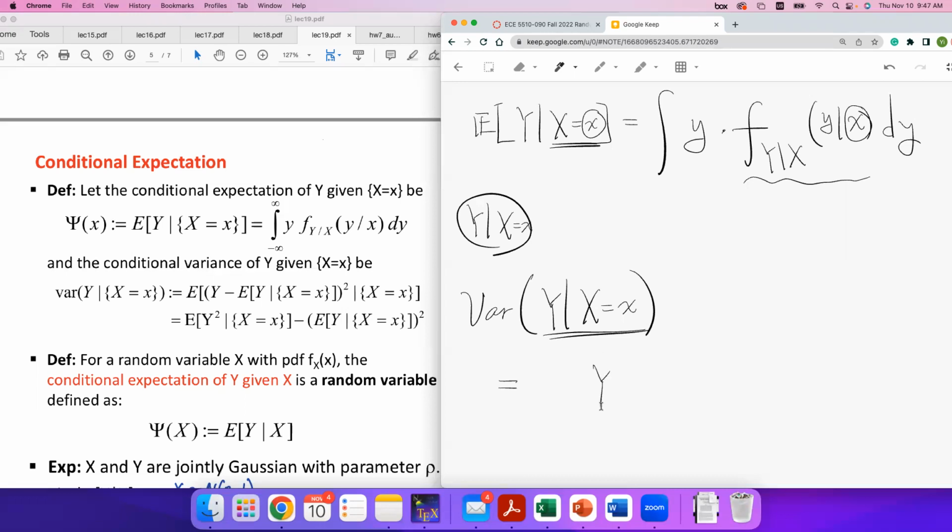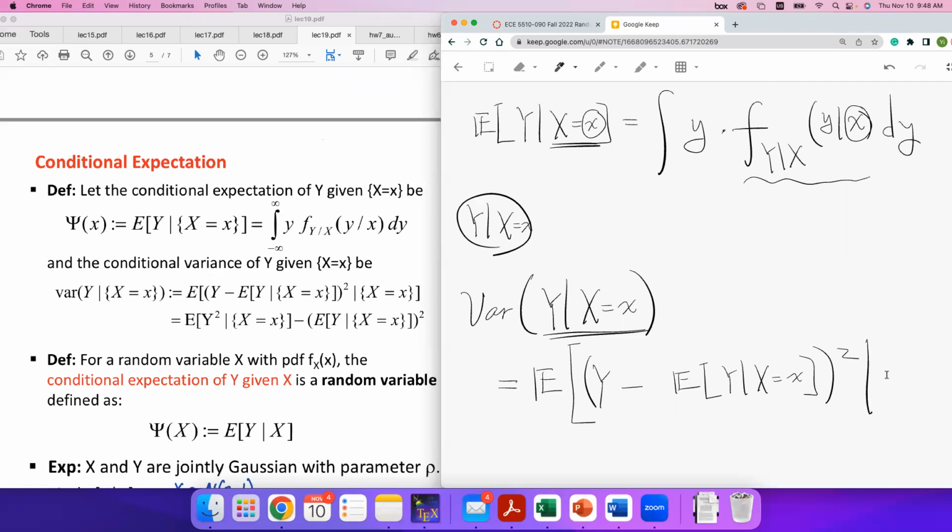So it's y minus its conditional mean. This is a deviation from the conditional mean. Then I'm taking the square, and again evaluate the expected squared deviation.